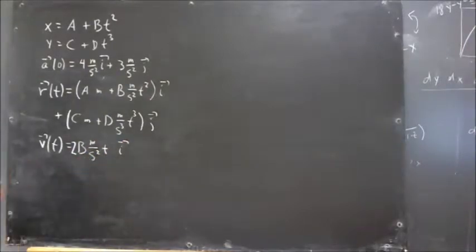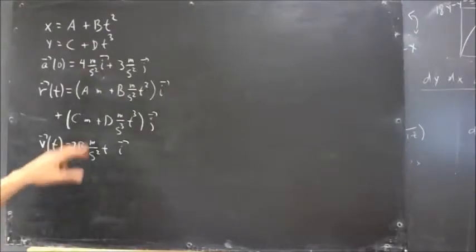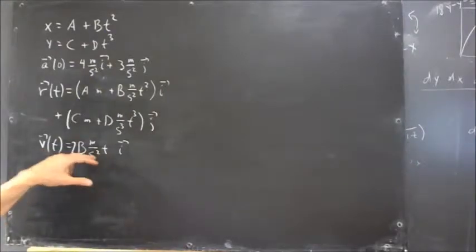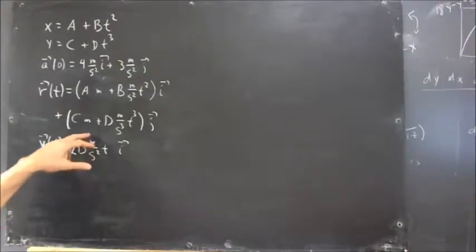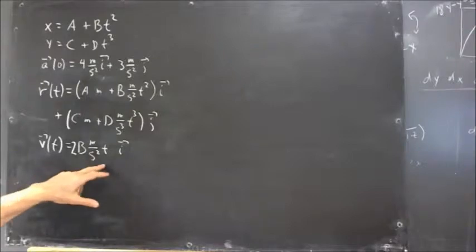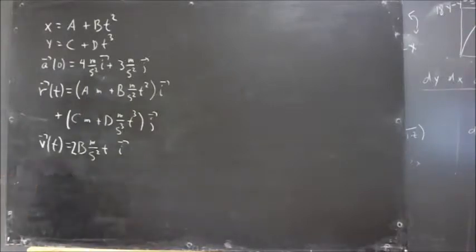And here's the expression for the I component. Does that make sense in terms of the units? Meters over second squared times T. T is going to be in seconds, so meters over second squared times seconds is going to give us meters over seconds. And that is the unit we expect for velocity.